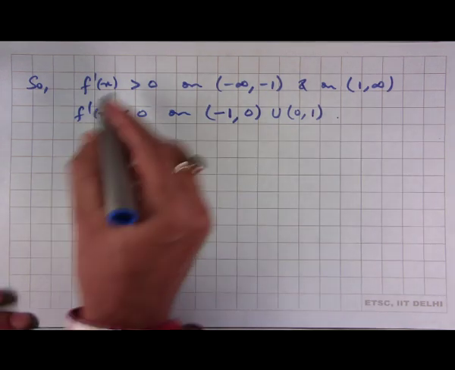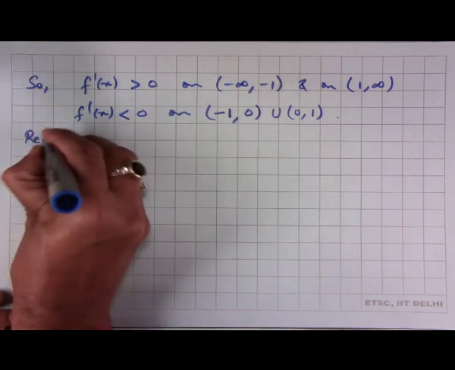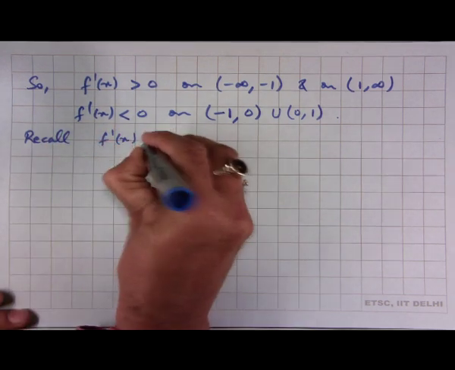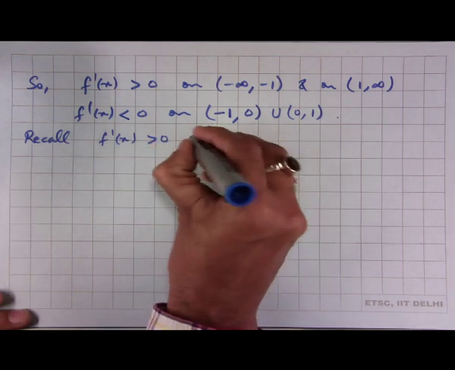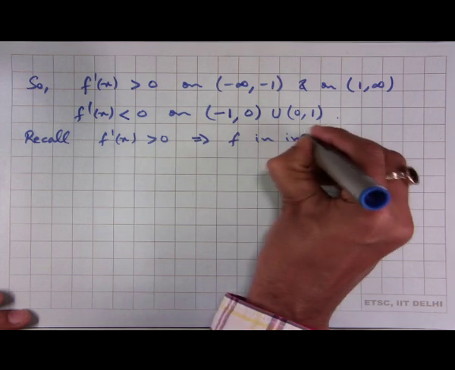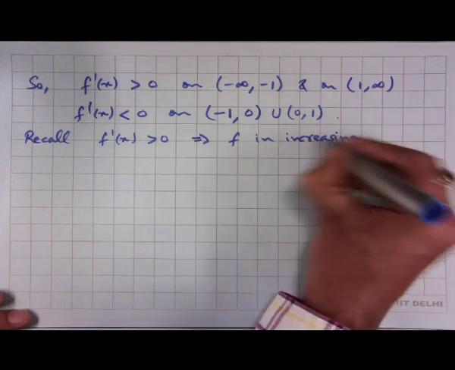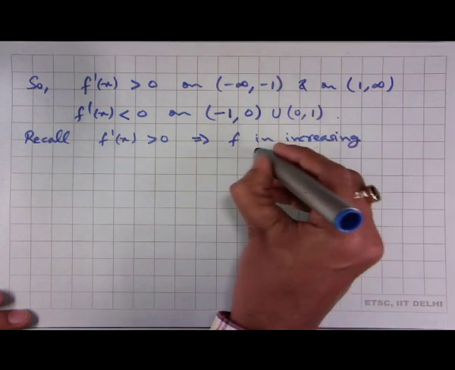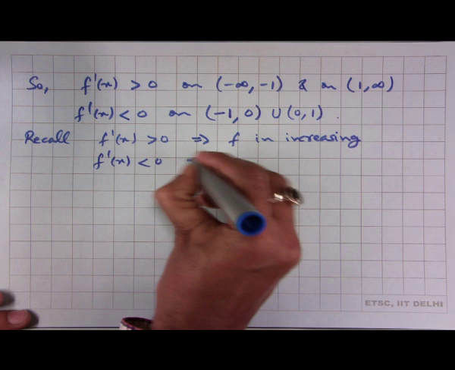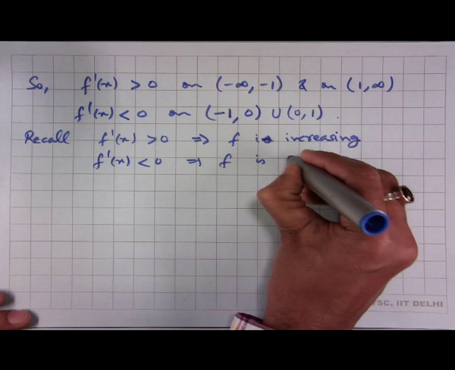Now, recall that f prime x positive implies f is increasing. In fact, strictly increasing in that interval, and f prime x negative, this implies f is decreasing.